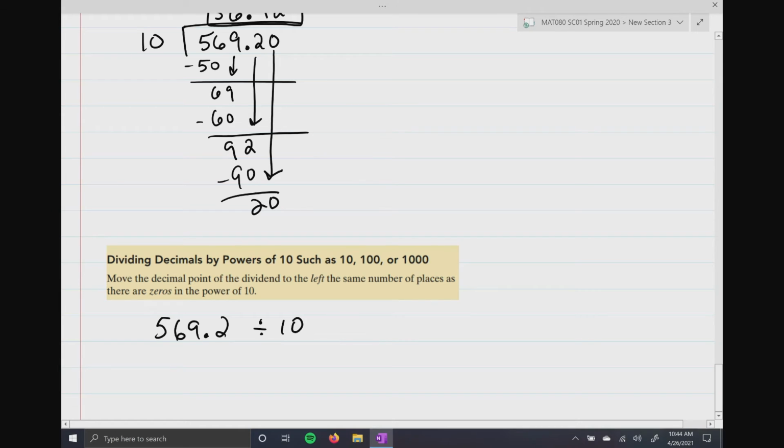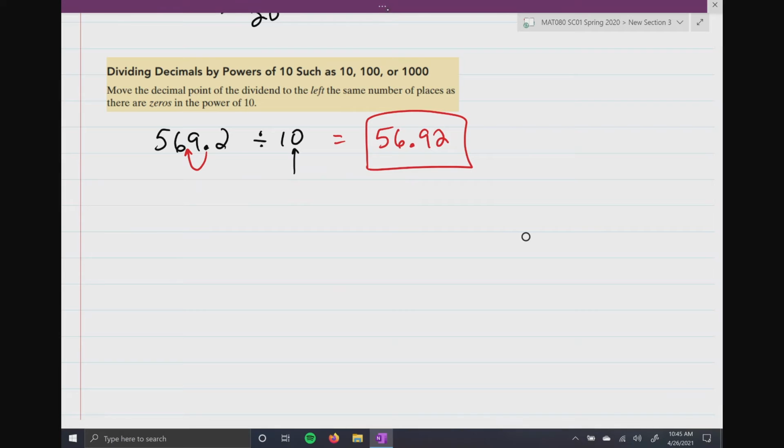If I have a power of 10 as my divisor, such as 10, 100, 1,000, all I do is count the number of zeros, and then I move my decimal place to the left the same number. And that's it. That's as hard as it gets right there. So let's go over a couple examples real quick of just using this rule. Like I said, it's very easy.